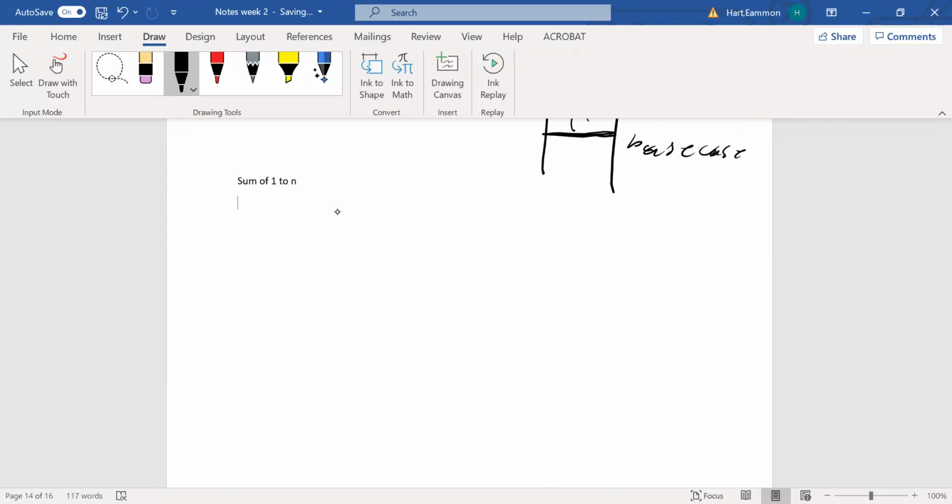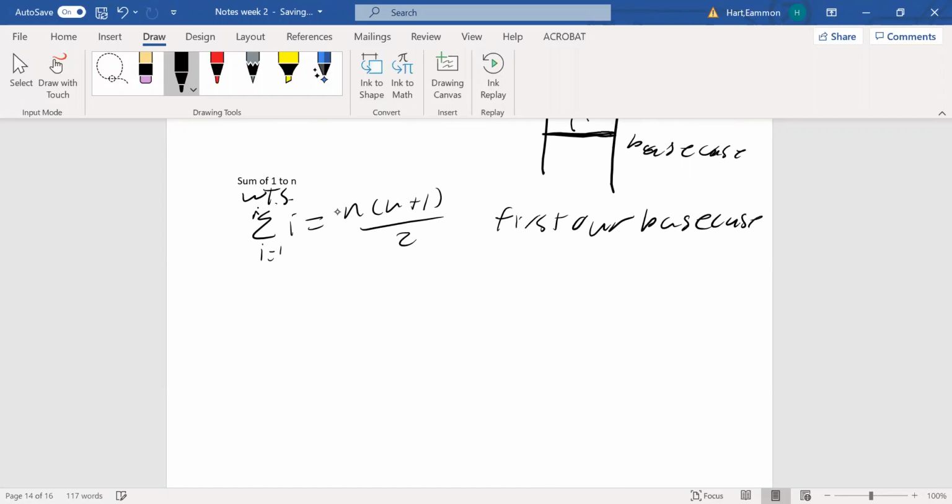So we wish to show that the sum from i equals 1 to n of i is equal to n times n plus 1 over 2. We showed this earlier by cases, but we're going to show it by induction now. First, our base case: let n equal 1.